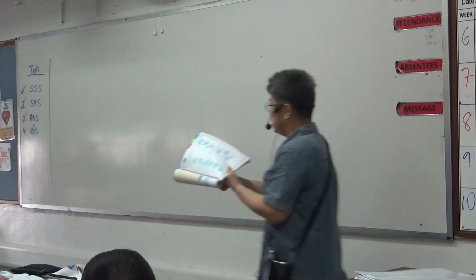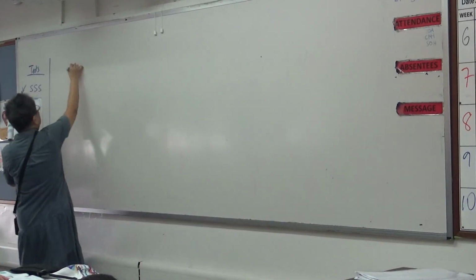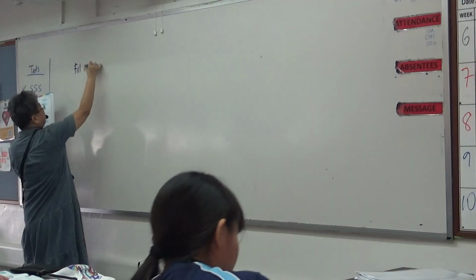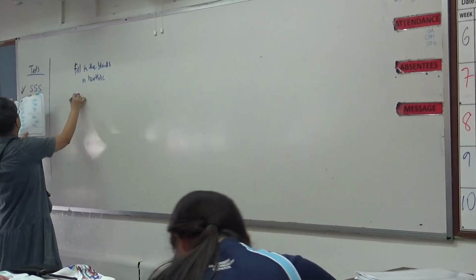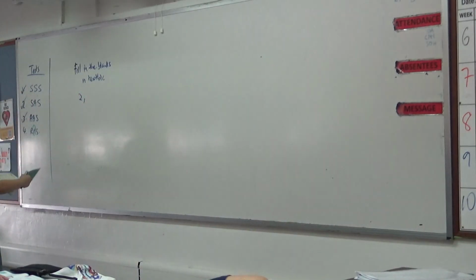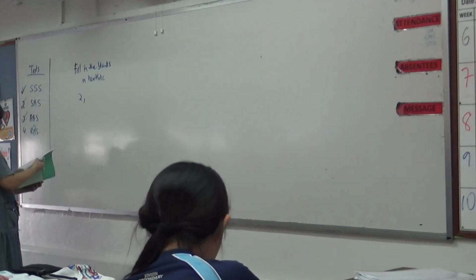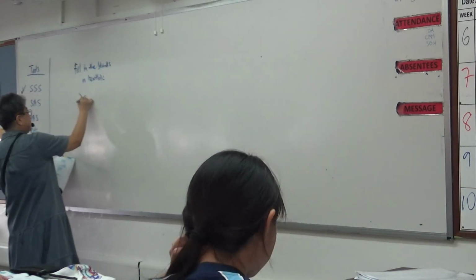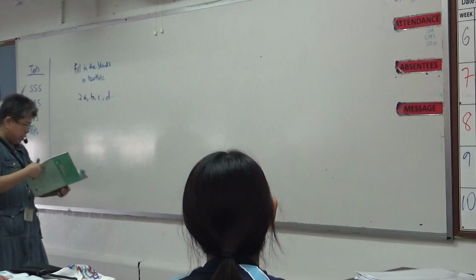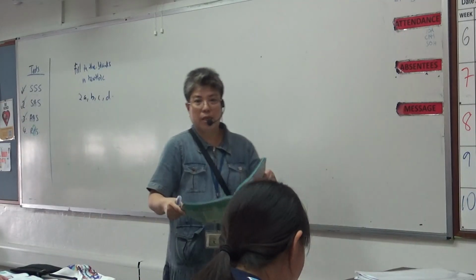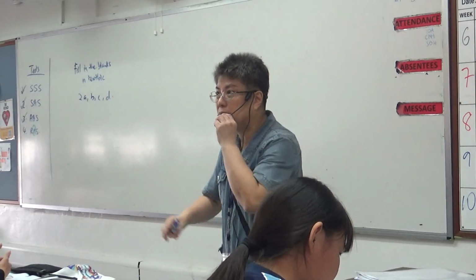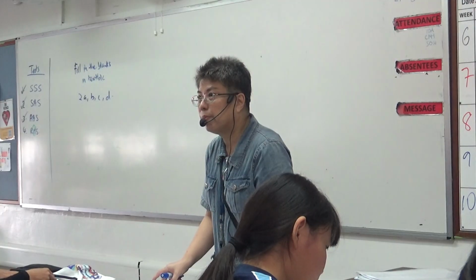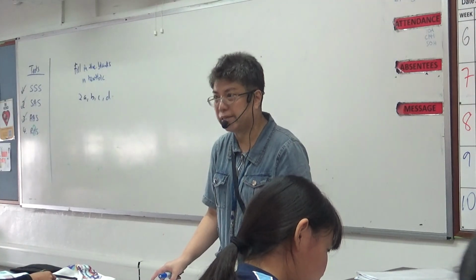Question 2, it means A, B, C, D, because they want you to know how to prove all the 4 tests. Understand? By filling in the blanks only. This one I'm not going to check because the answer is at the back of the textbook. Is that clear? Basically, it just tells you how to prove the 4 tests.